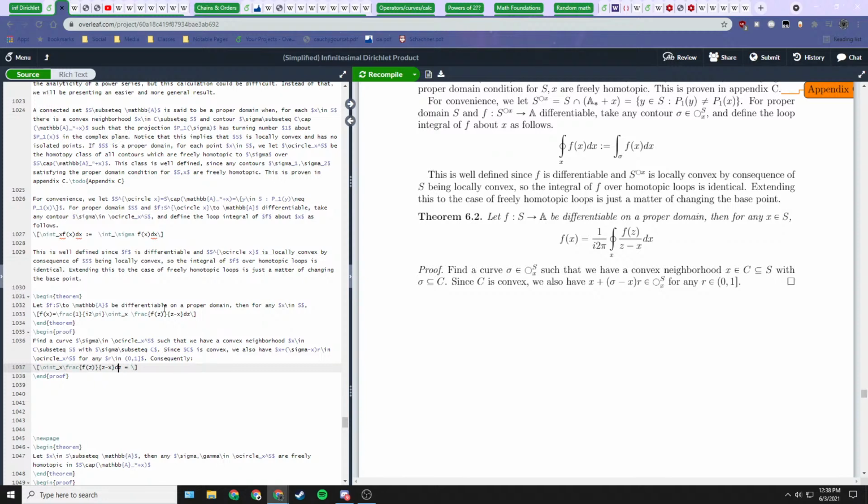This is just the same as this integral over this shrunken down curve.